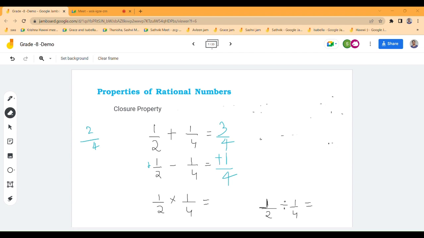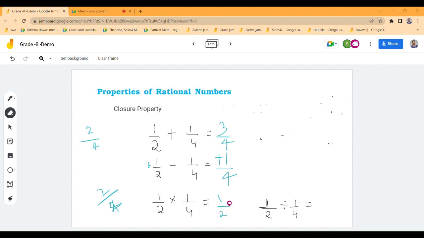That's also a rational number. If you do division, multiplication, ma'am, the answer is 1 by 2, in the lowest form.